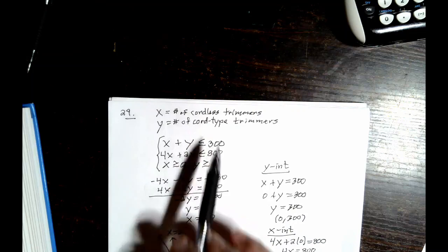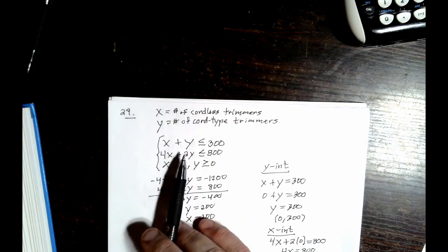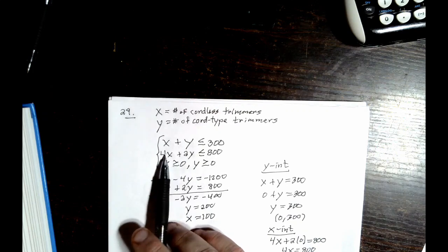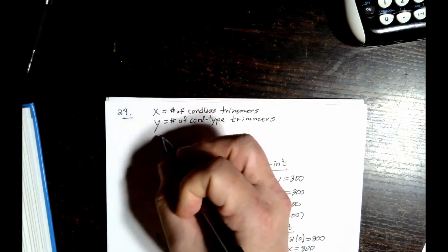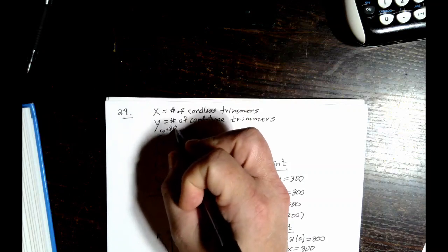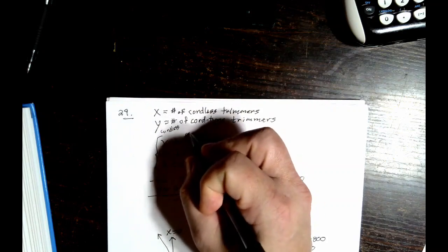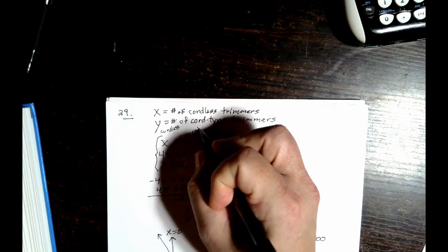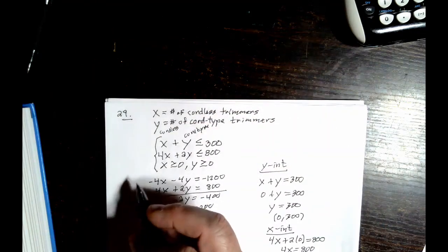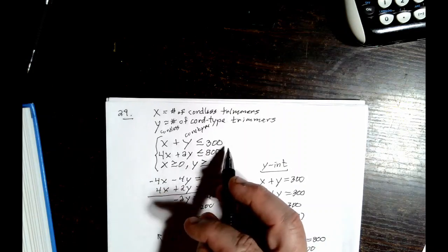Okay, so they say the cord trimmers require 2 hours to build and the cordless require 4 hours to build. So this is cordless column, and this is cord type. Okay, and x plus y equals 300.